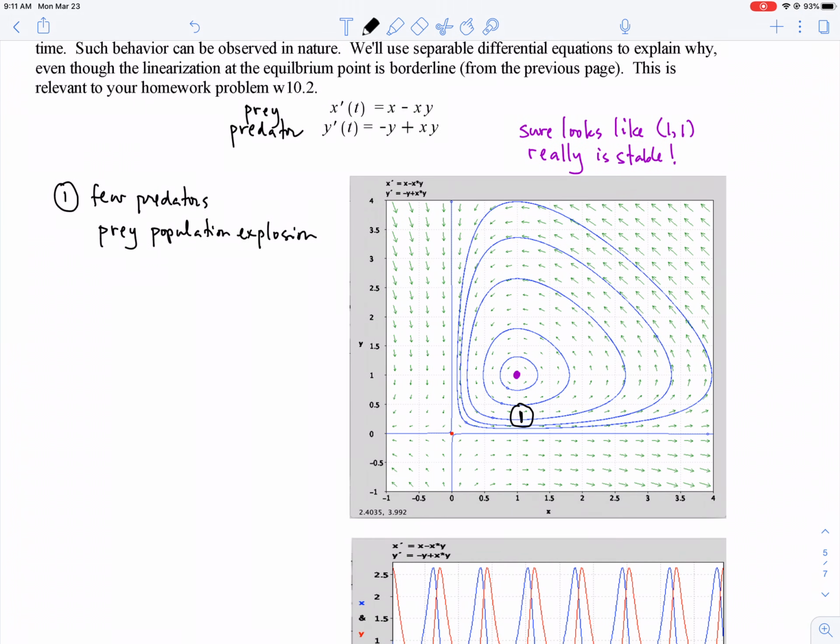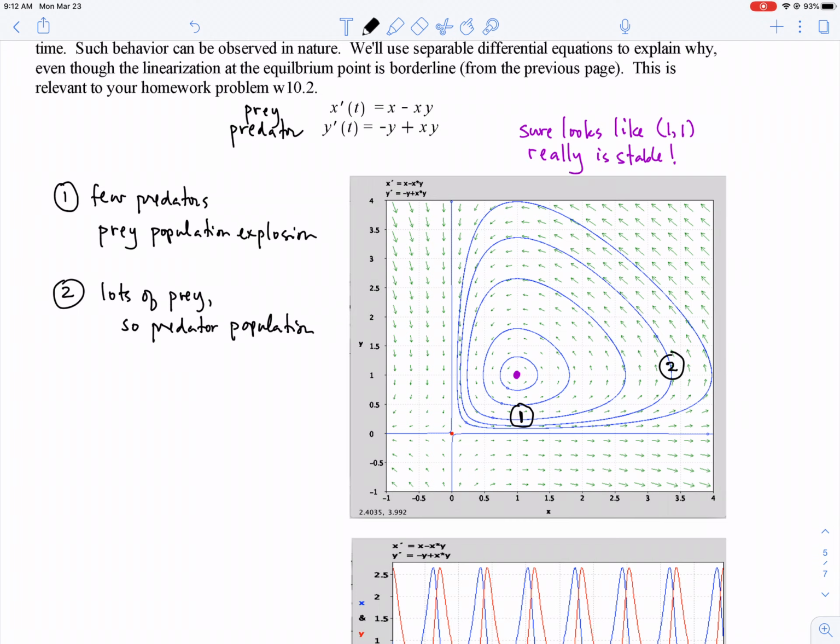But as they grow, the predators get to eat more of them, and so their population starts going up. So in region 2, there's lots of prey, so the predator population goes up.